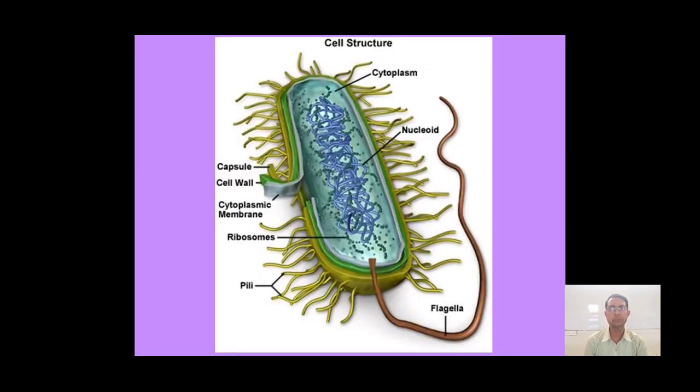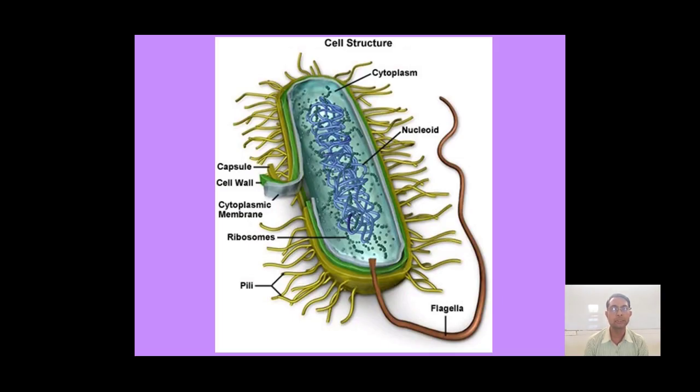Now here is the simple structure of bacteria. It also shows the internal and external structure of bacteria. On the external side you can see the capsule, which is the very exterior part of the cell. After that there is a cell wall. This cell wall is protected by the capsule, and after the cell wall there is the cytoplasmic membrane.